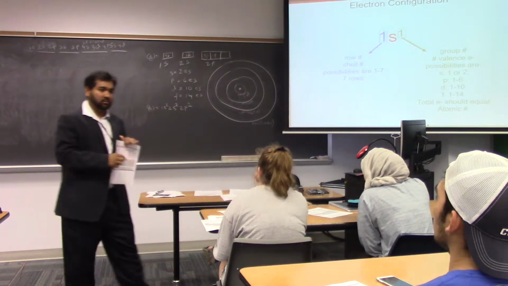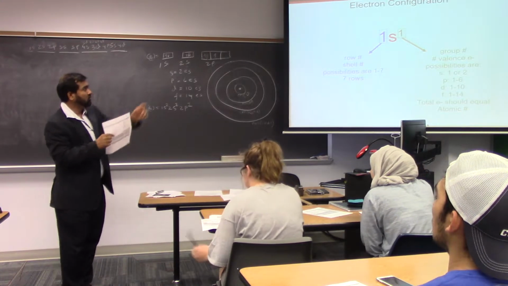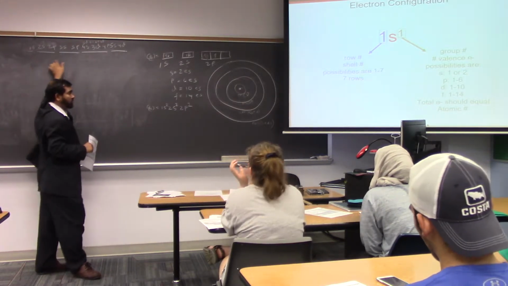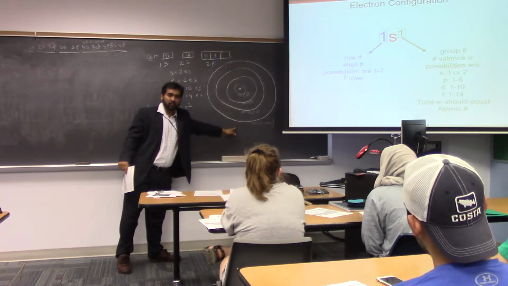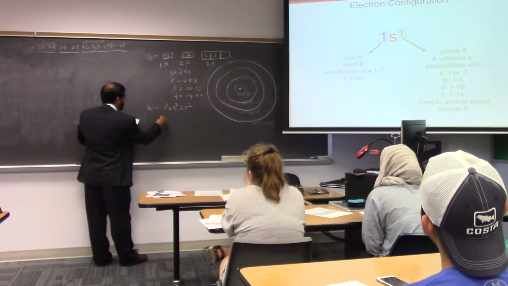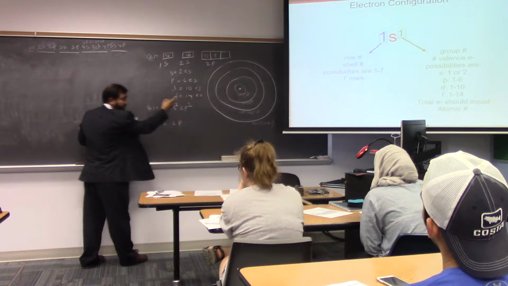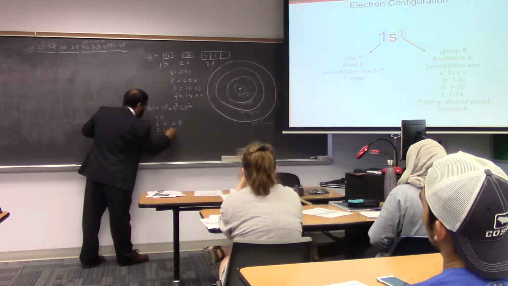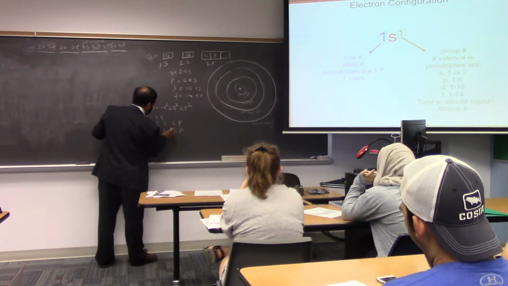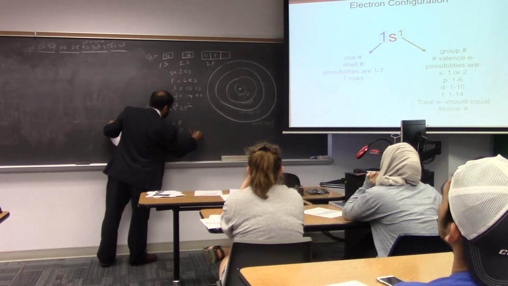So the number of boxes in the table will be telling the exponent, right? You can follow this order, or you also can follow this way. For instance, first level is 1s, second level is 2s, 2p, third is 3s, 3p, 3d.